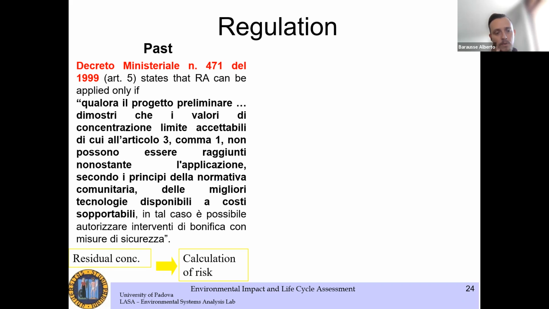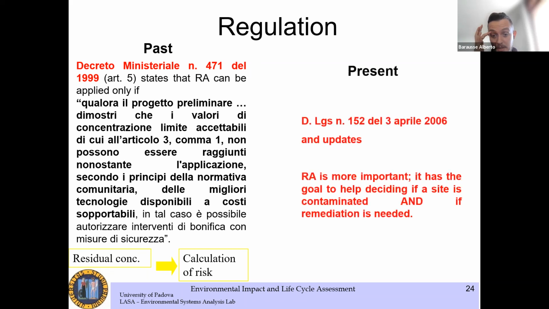So if you had a certain value of concentration in a contaminated media, if that value was above a threshold, then you had to do remediation. At present, this approach has changed, and the decisions to remediate or not a contaminated site are made based on a site-specific risk assessment.